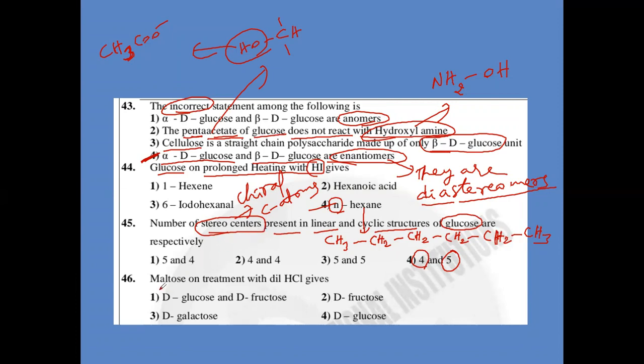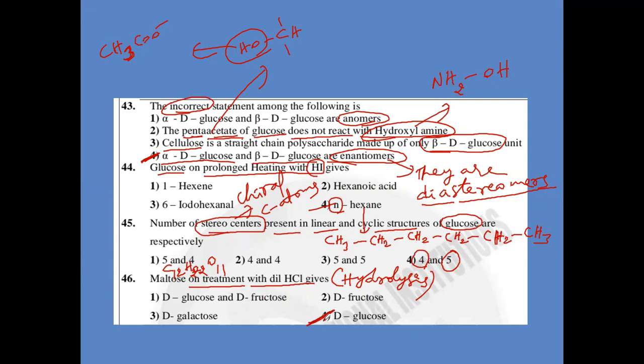Next. Maltose. Maltose formula is C12H22O11. Maltose on treatment with dilute HCl, the reaction is called acid hydrolysis. On acid hydrolysis, the maltose will give D-glucose.